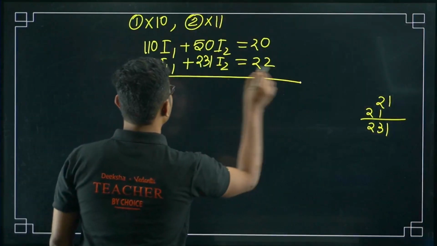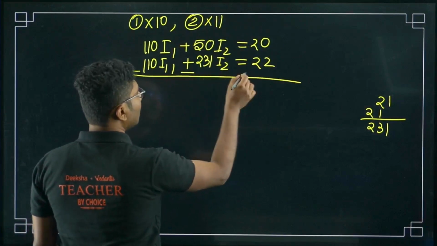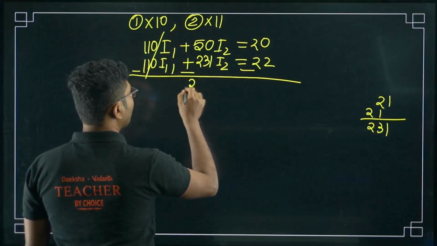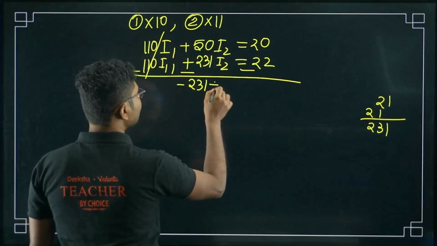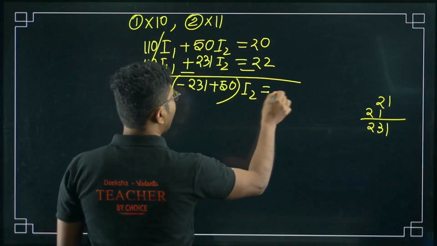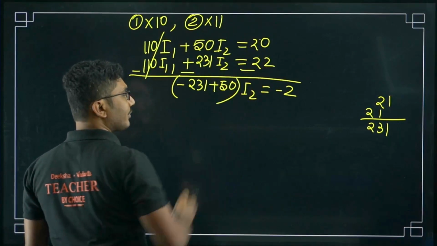Now just do the subtraction method, so the I1 terms cancel, and you get minus 231 plus 50 I2 equals 20 minus 22, which is minus 2.